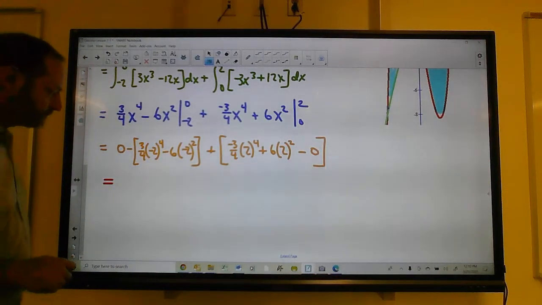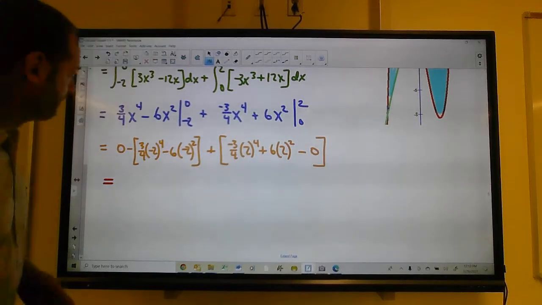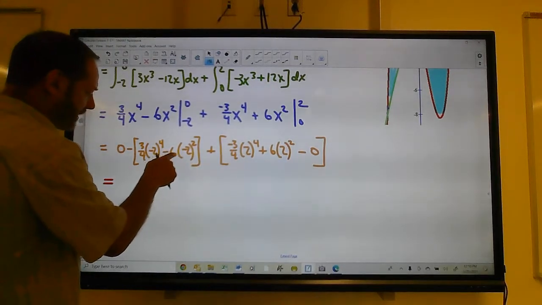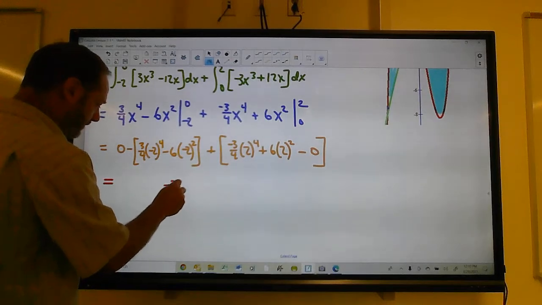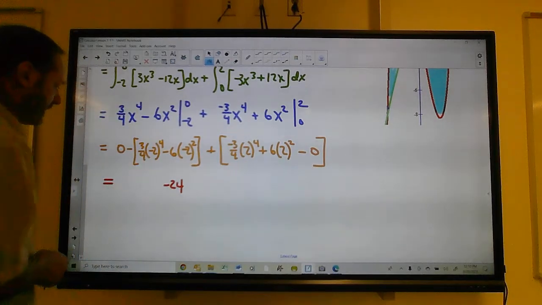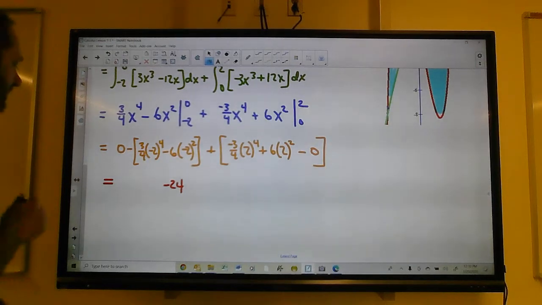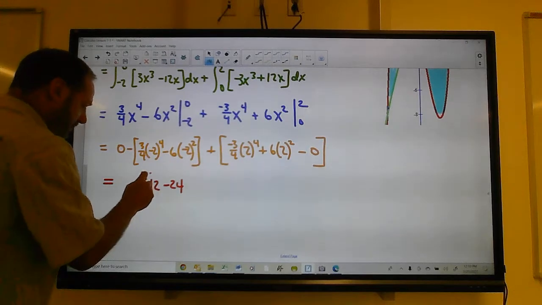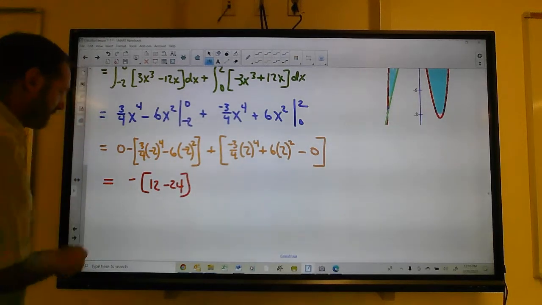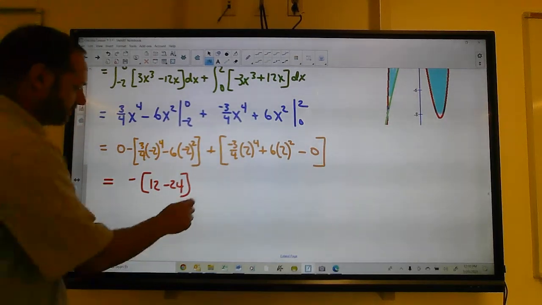So let's see here. This is going to be 4, negative 24 here. And let's see, negative 2 to the 4th power is 16. Divided by 4 is 4, times 3 is 12. Don't forget your negative sign.